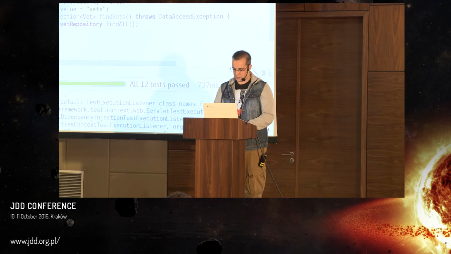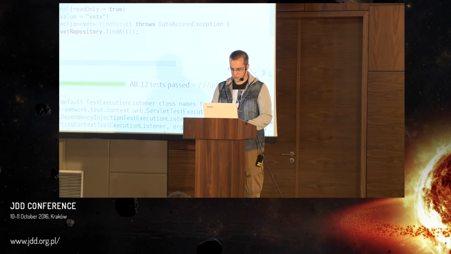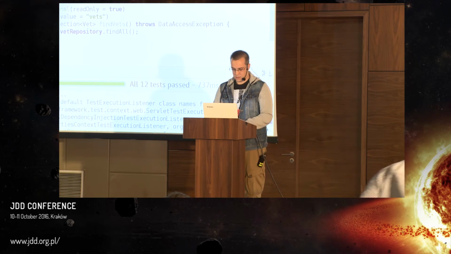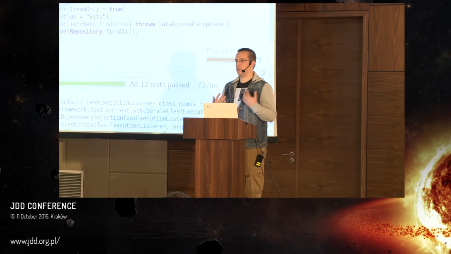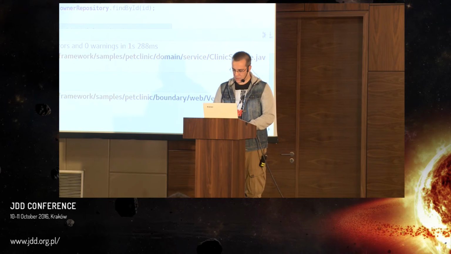Once again, let's fix some things due to the misuse of this refactoring. And let's autowire the dependencies. And again, we have to fix the implementation and fix the tests and remove some stuff from the clinic service.